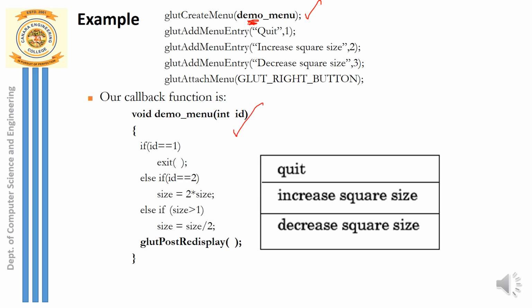See this part of the code, from glutCreateMenu till glutAttachMenu; this part of the code you can add directly in main. The moment you call glutCreateMenu, it will redirect you to the demo menu.